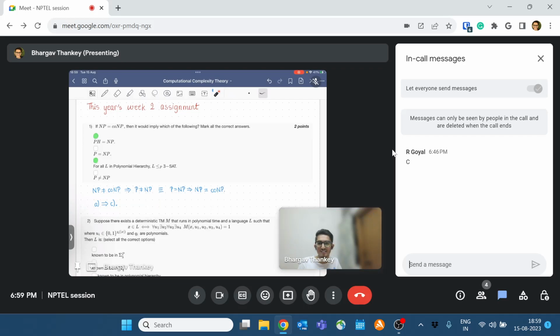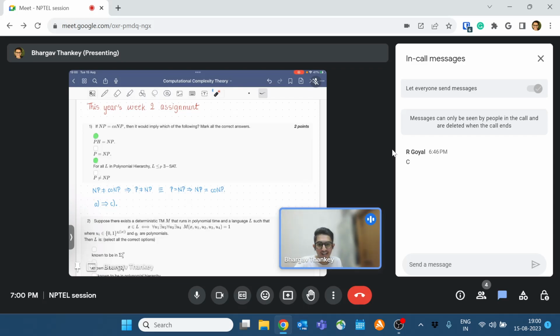If NP is not equal to co-NP, then... One way to do it is that this statement is just the contrapositive of the other. So this is P implies Q, and this is negation Q implies negation P. Yes, you're right.